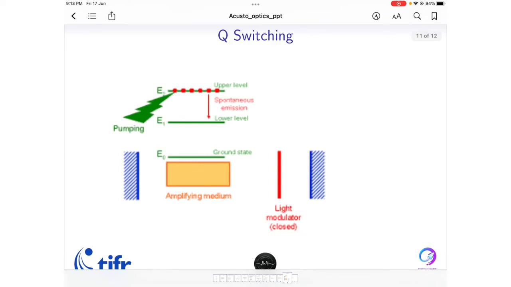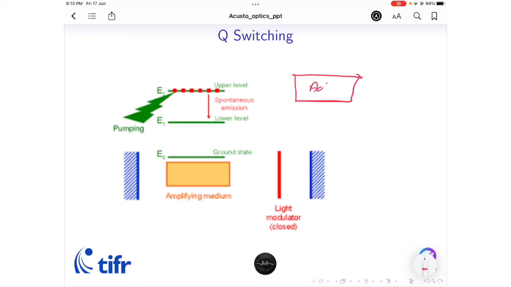And I will briefly explain Q switching. Usually in a laser there is an active region and there is a pump.